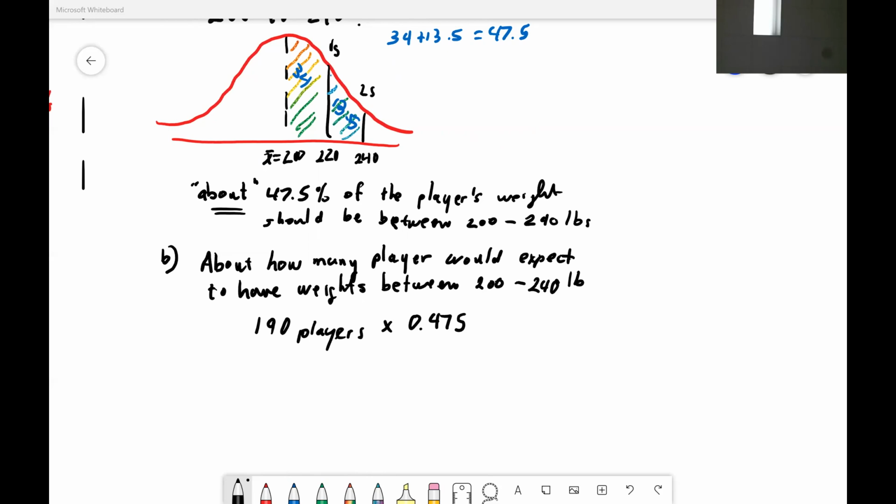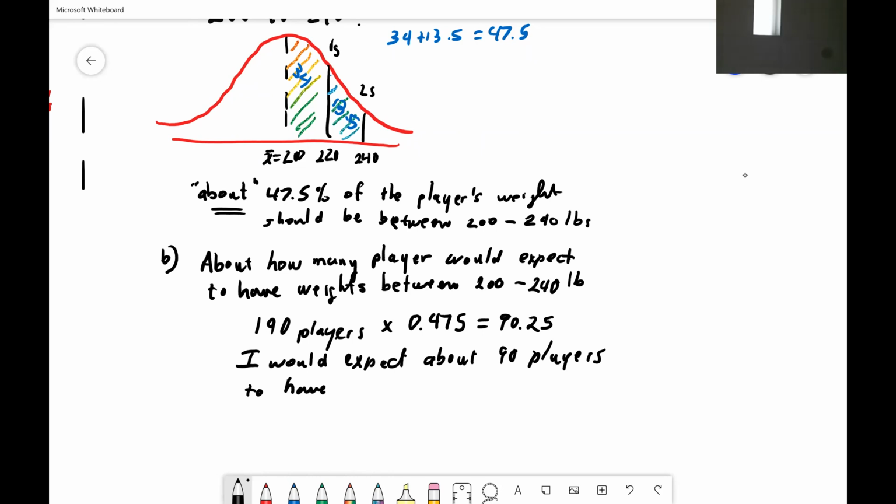So 0.475 times 190, and I get 90.25. So I would expect about 90 players to have weights between 200 to 240 pounds.